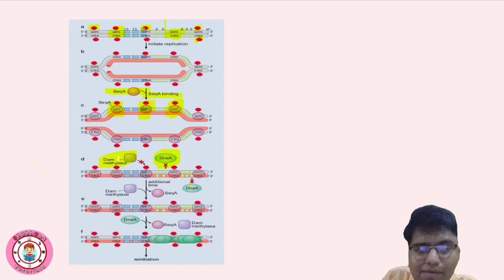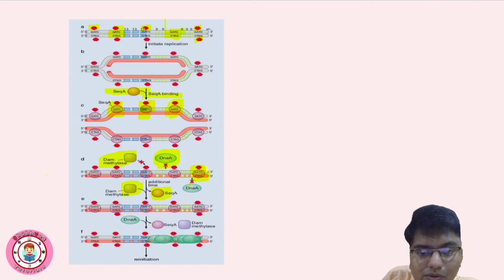As well as Dam methylase. Dam methylase does the work of methylation, right? It will give the methyl group on the adenine. See here, Dam methylase comes in, SeqA is removed from this strand.